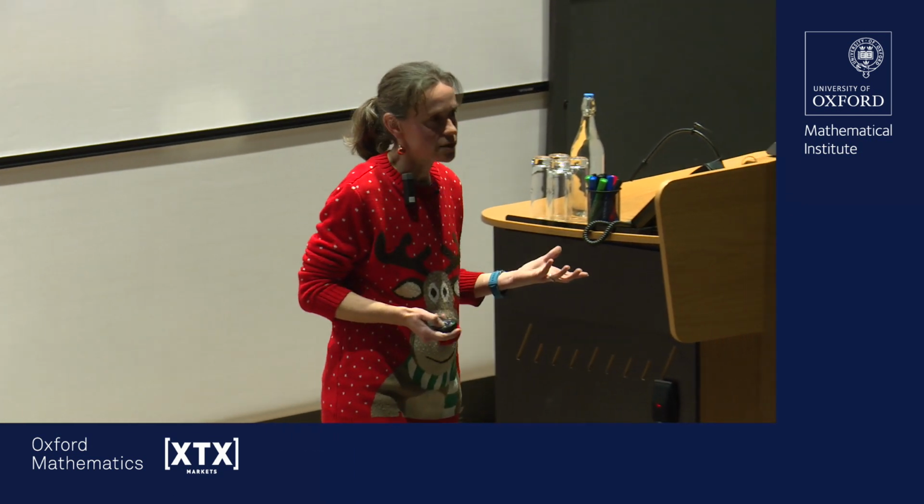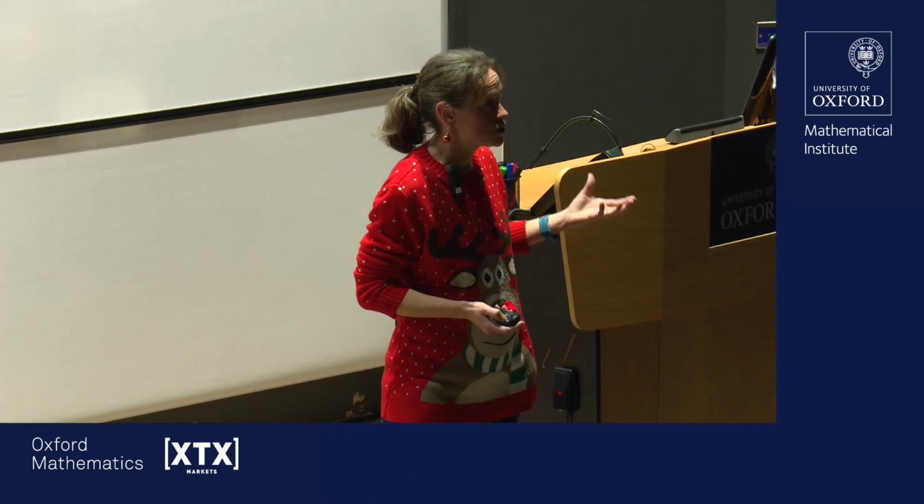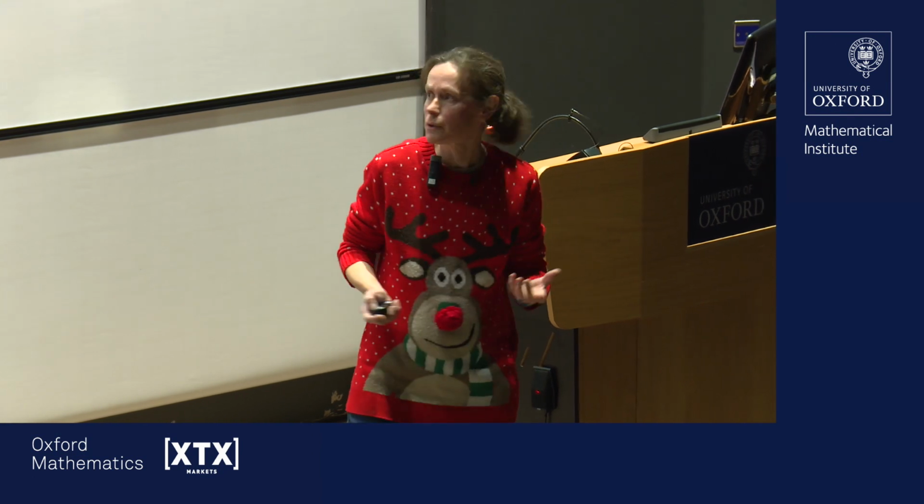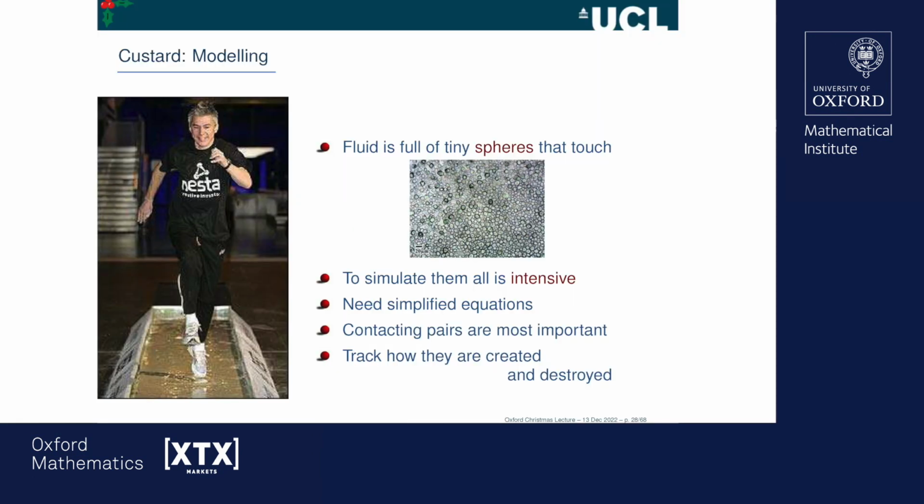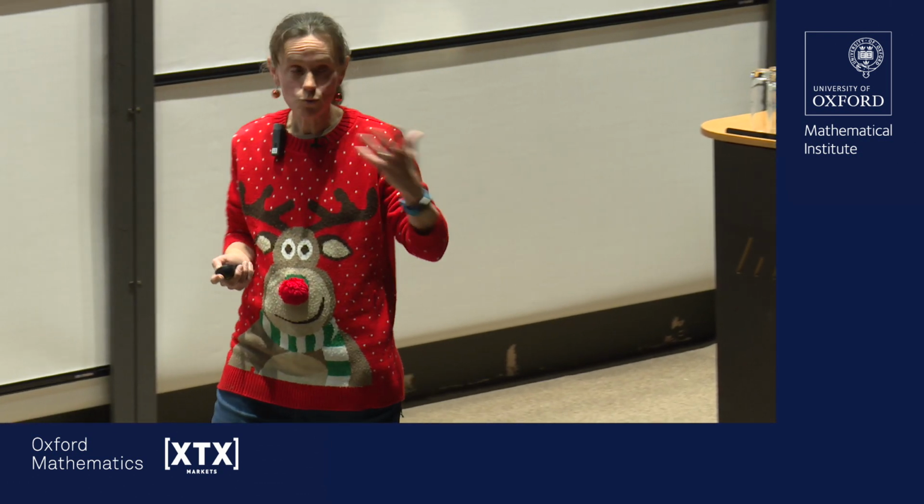You need something better. And what I'm going to talk about here is the process of creating something simpler. So we start from an observation that the most important thing for the dynamics is the contacting pairs and the interactions between them. And so we need to have a way to predict when a contacting pair is created and when it is destroyed.